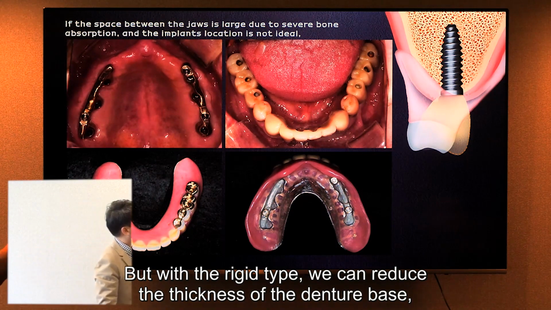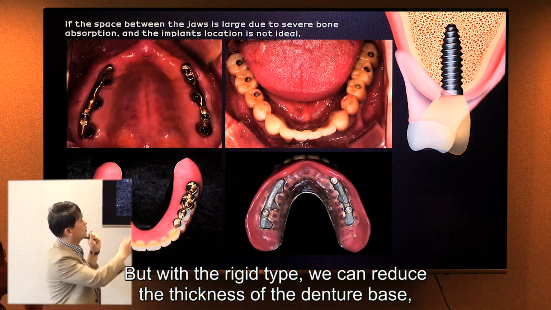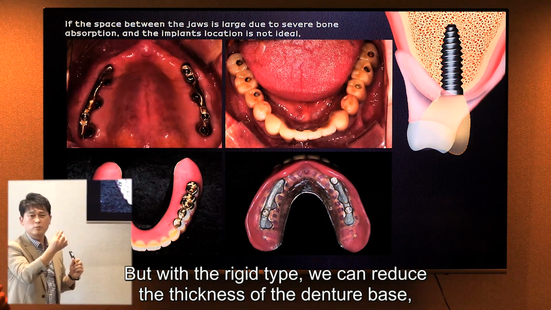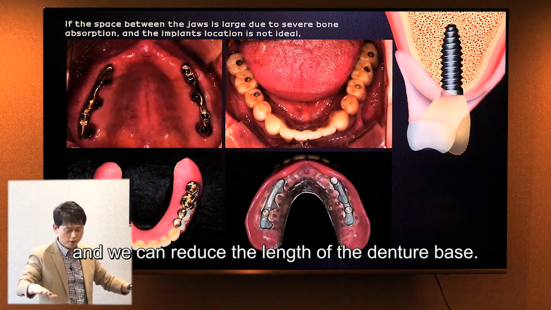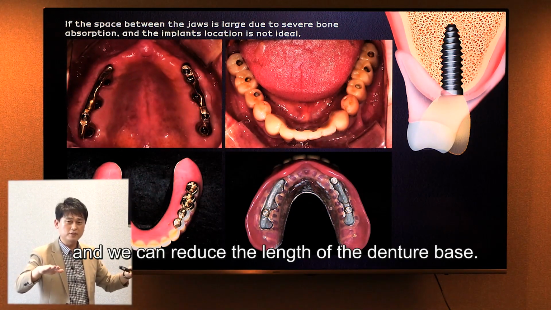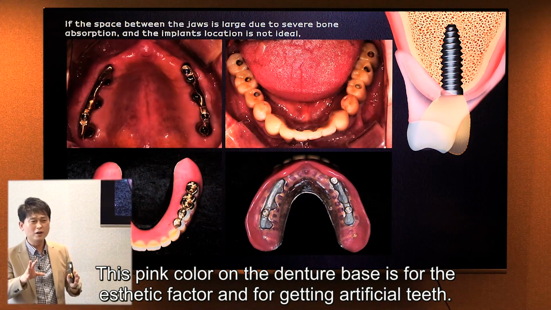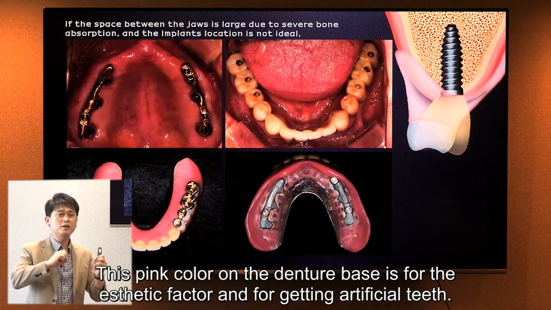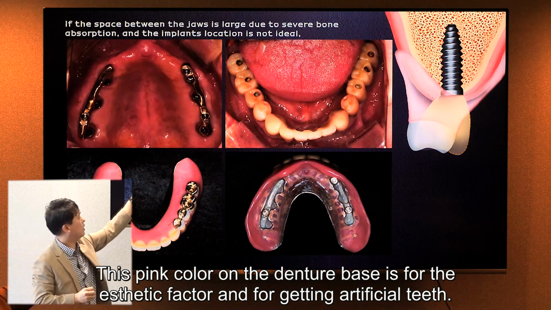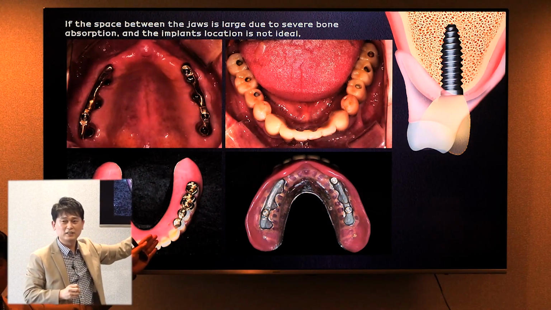But in the rigid type, we can reduce the thickness of the denture base, and we can reduce the length of the denture base. This pink denture base is for getting aesthetic factors and holding the artificial teeth.